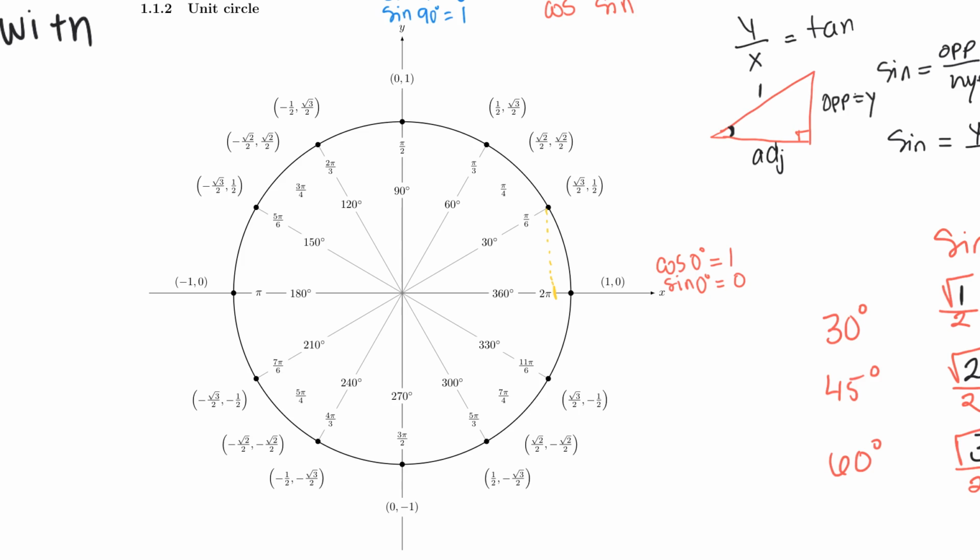The coordinate in here is square root of 3 over 2. And when we go to the y coordinate, it is 1/2. So the sine of 30 is 1/2, and the cosine of 30 is square root of 3 over 2.